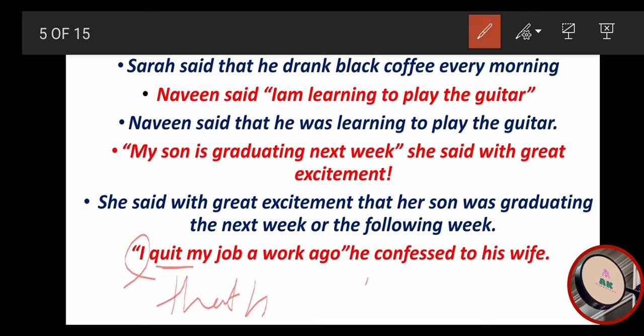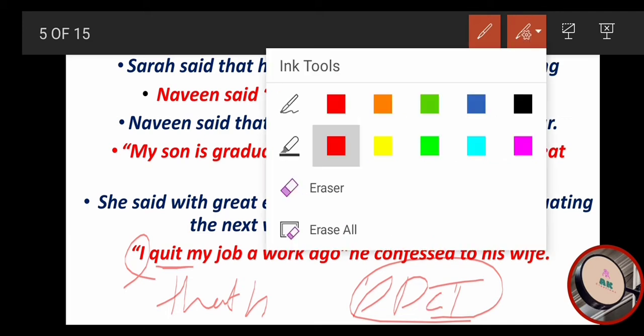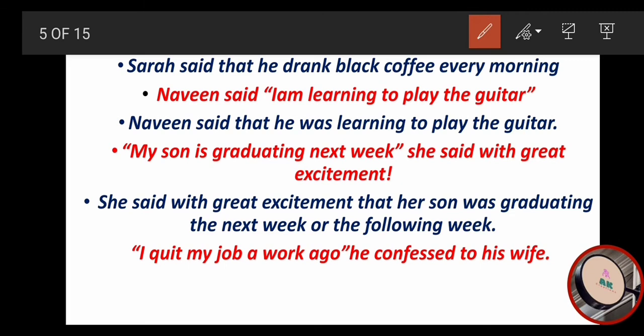Keep this double PT in your mind. Past perfect tense or past perfect continuous tense, it's up to the sentence. So here quit is already the simple past tense, and for that you have to change it into the past perfect, that will be had quit.